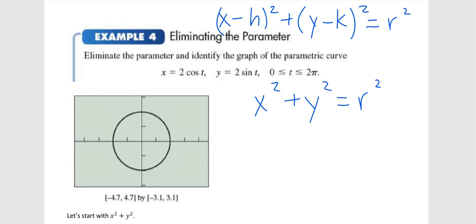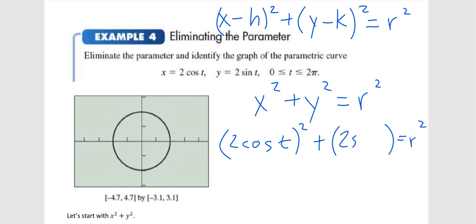So we're going to do replacements. We're going to replace x. What should we replace x with? 2 cosine t. And what should we replace y with? 2 sine t. Okay? Oops, forgot my square.